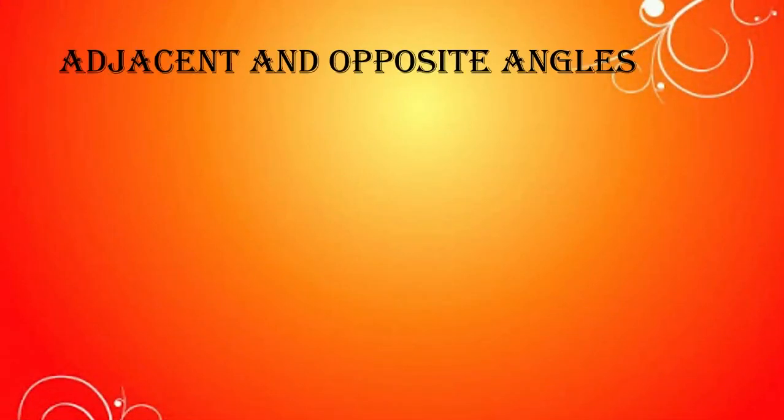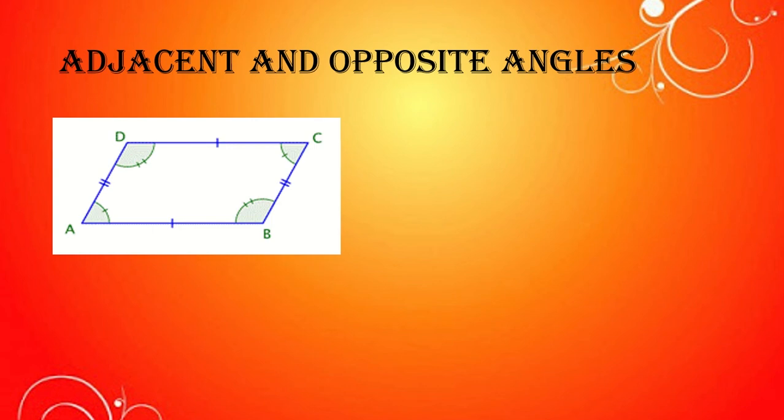Now we are doing about adjacent and opposite angles. You have a quadrilateral ABCD here and you can see the sign of angle. Angles are marked like this. I am giving the name angle 1, 2, 3 and 4.